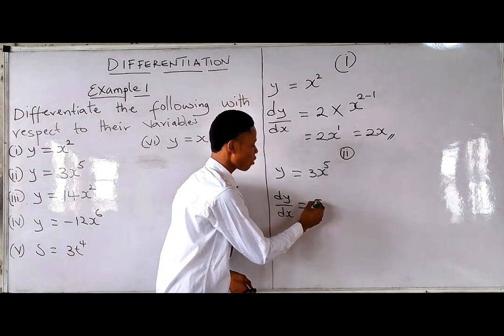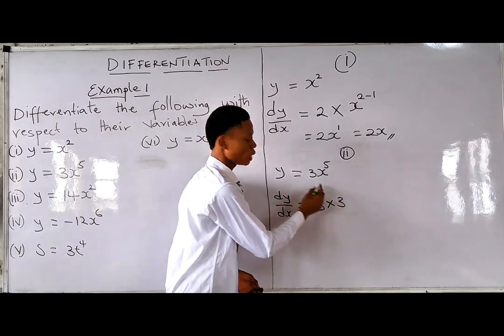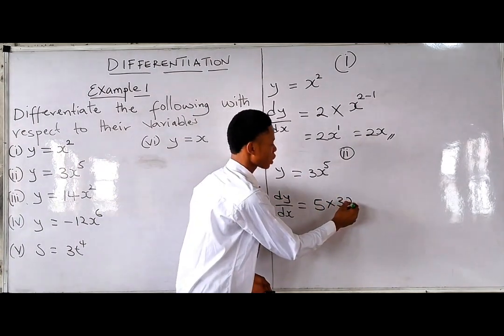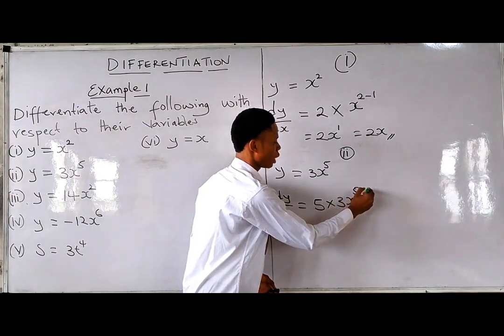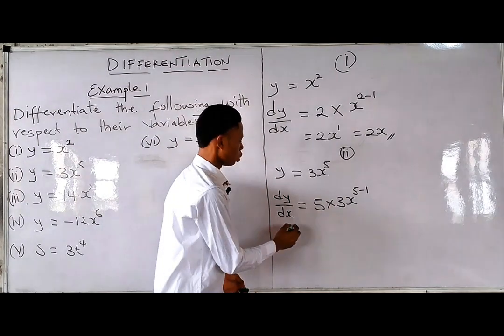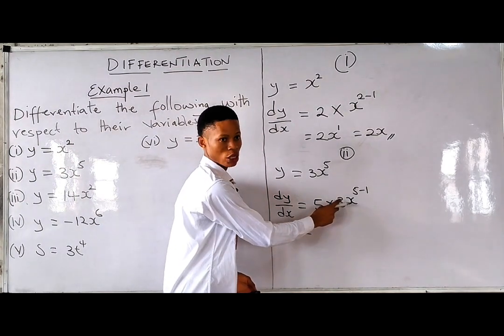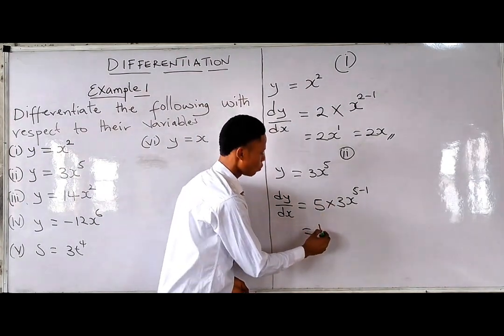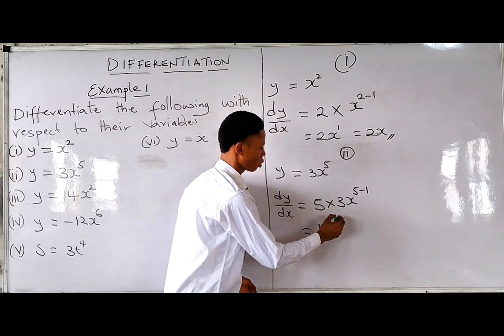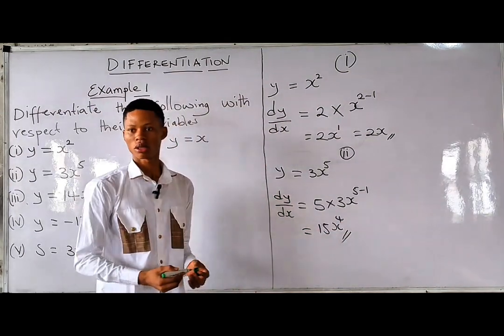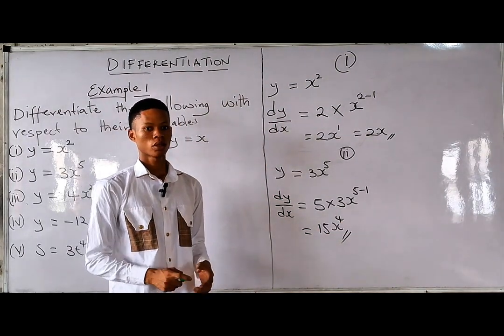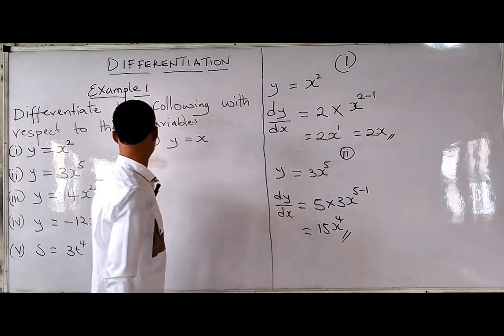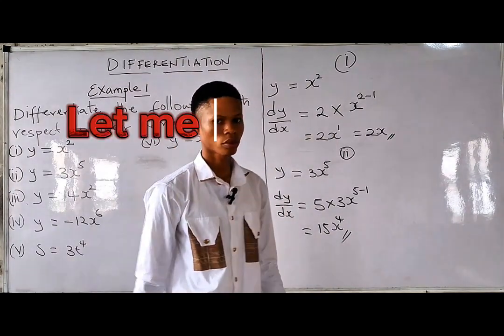So we'll be having 5 times 3x raised to power 5 minus 1. So dy dx will give us 5 times 3 will give us 15x raised to power 4. That's it. So write this down and solve number 3 for me.